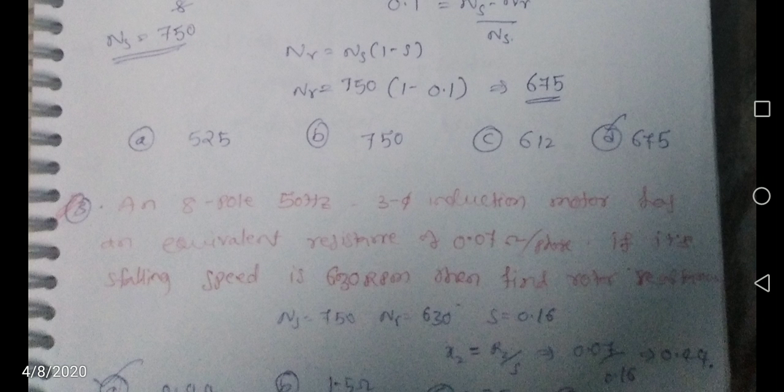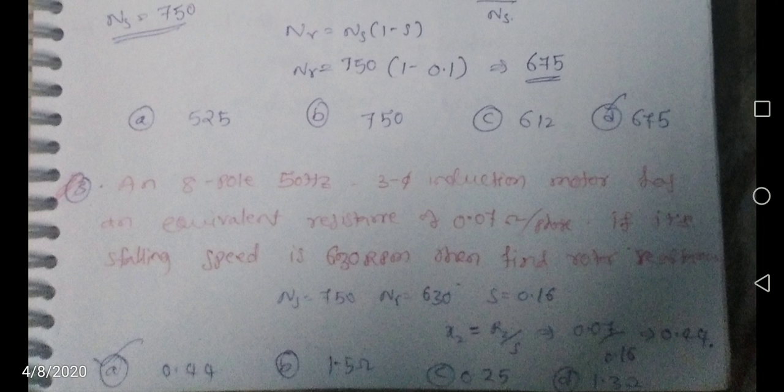So here a rotor resistance per phase value is given, speed is given, Nr value 630, slip 0.16.